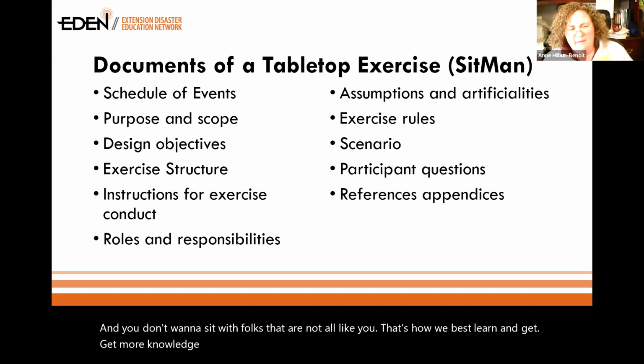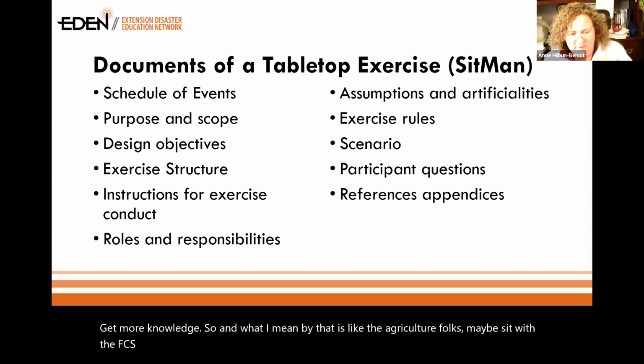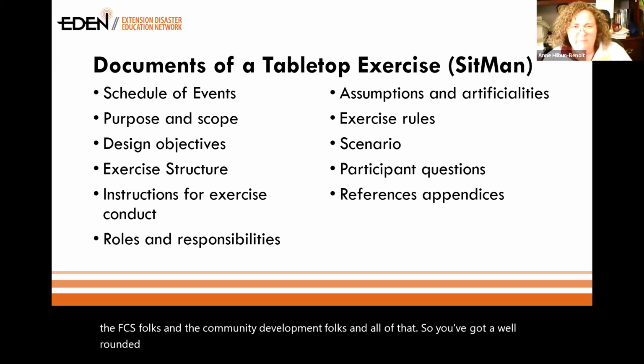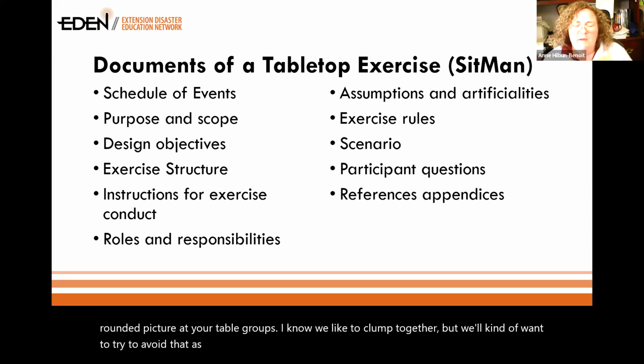What I mean by that is, like, the agriculture folks maybe sit with the FCS folks and the community development folks and all of that. So you've got a well-rounded picture at your table groups. I know we like to clump together, but we'll want to try to avoid that as much as possible at the actual exercise at the annual meeting.